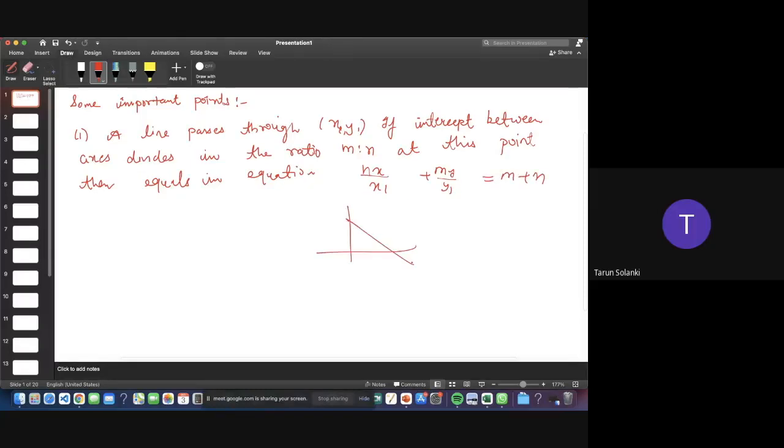If we draw the diagram, it will be m and n, and this is point P(x, y) with reference.